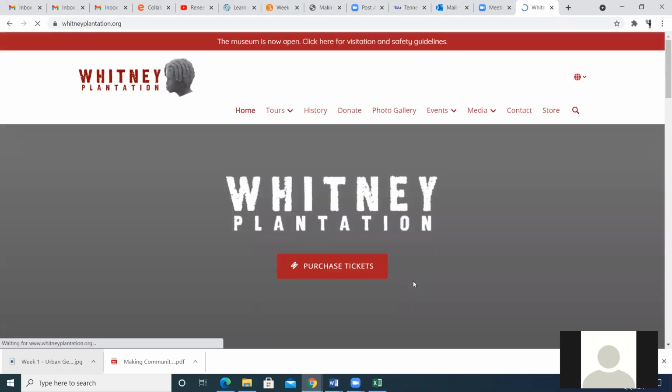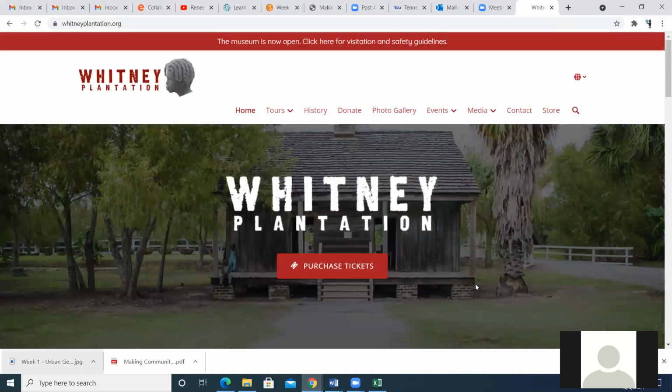Okay, here we go. Okay, so this is the Whitney Plantation. So this is an example of what we call heritage tourism. So the Whitney Plantation, yes, it was a working sugarcane plantation in Louisiana. However, this isn't a typical plantation tour. If you've done a plantation tour, it's usually all about the landowners or slave owners.